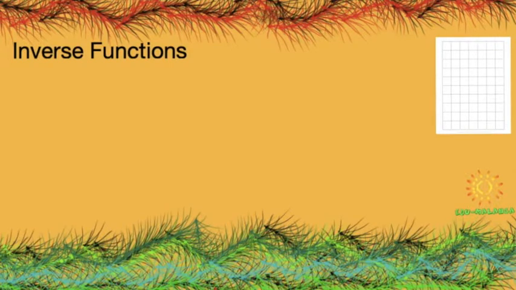If we could draw a mirror along y is equal to x, whatever plot I have on one side, I would get the opposite on the opposite side of the line. Not on the y-axis or the x-axis, but on this axis. That makes it an inverse function.